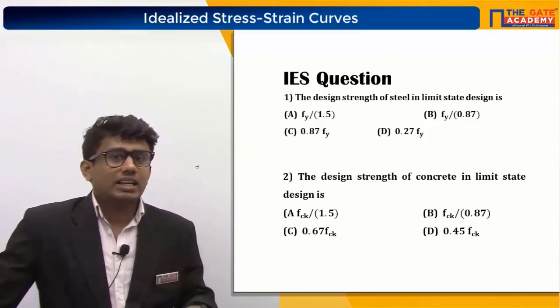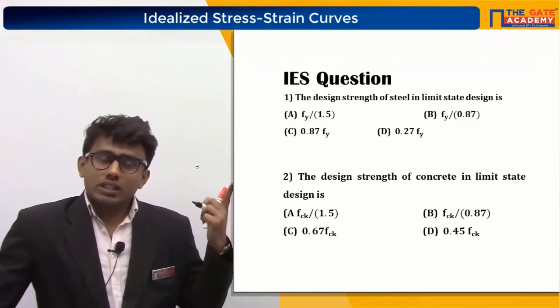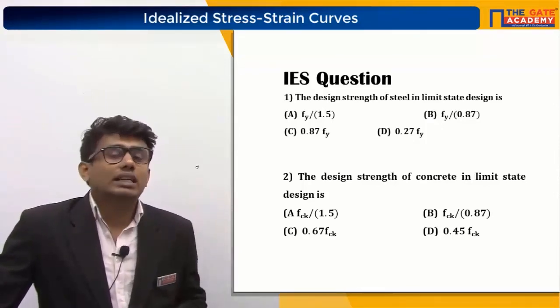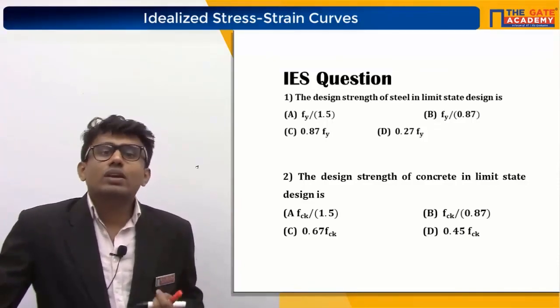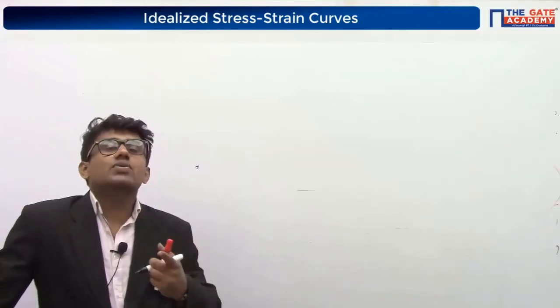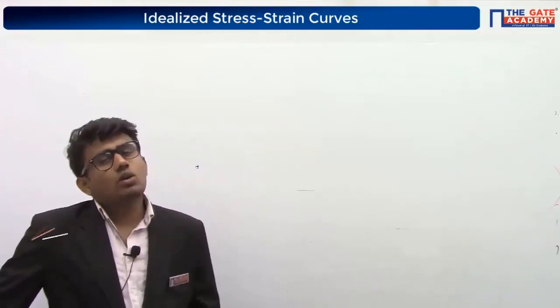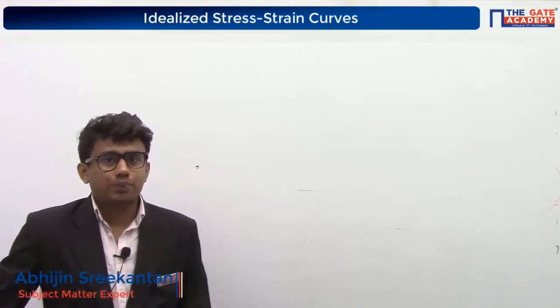That is the characteristic compressive strength to be considered for the structure. For the structure, it will be 0.67 FCK, but for our design, we have to consider a strength value of 0.45 FCK. We know how we are getting it. 0.67 FCK divided by 1.5 will be equal to 0.446 FCK, or we will consider it as 0.45 FCK. Getting now?